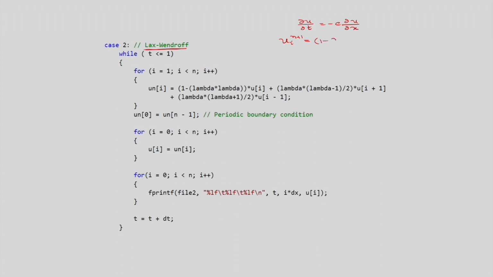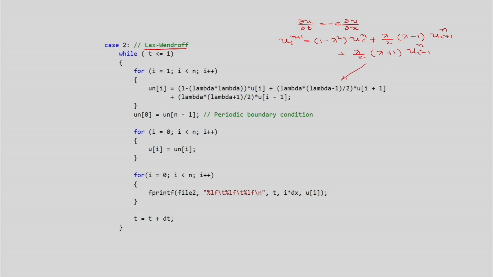So u_i^(n+1) will be (1 − λ²) u_i^n, plus λ/2 (λ − 1) u_(i+1)^n, plus λ/2 (λ + 1) u_(i−1)^n. So this is your Lax-Wendroff method, and we have written it here.